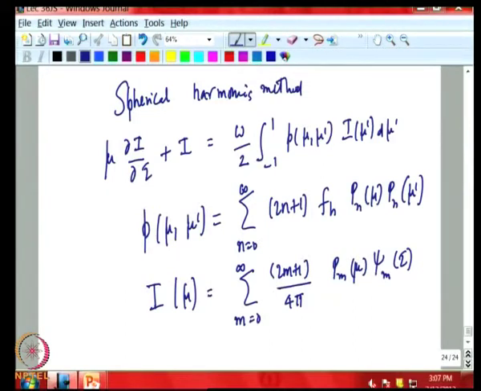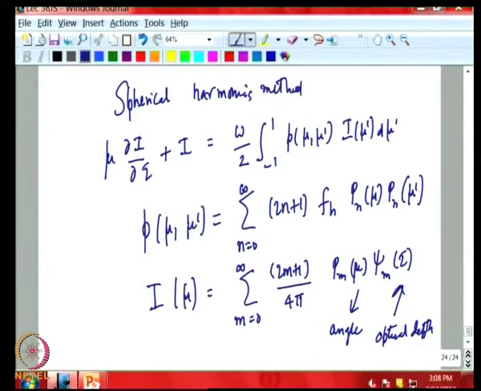In addition to that, in the case of intensity, we are essentially assuming that you can separate the dependence of intensity on angle from the dependence on optical depth. So, this could be considered somewhat like the separation of variables technique we adopt in solving differential equations.